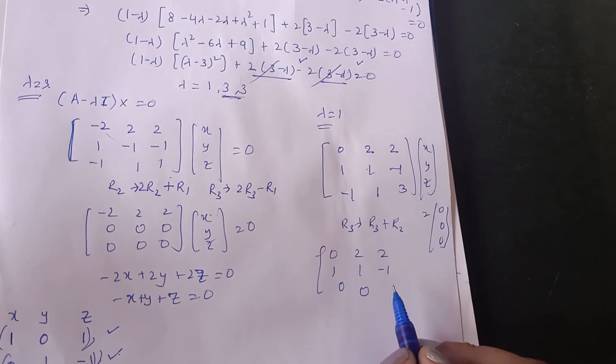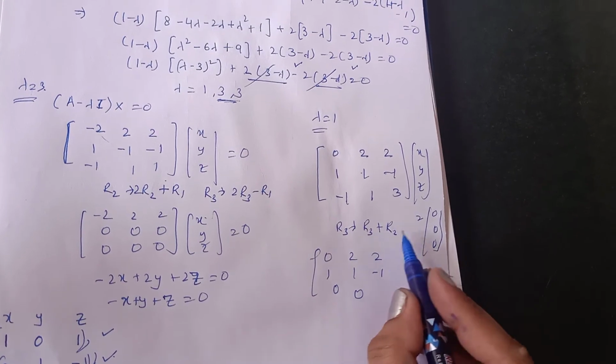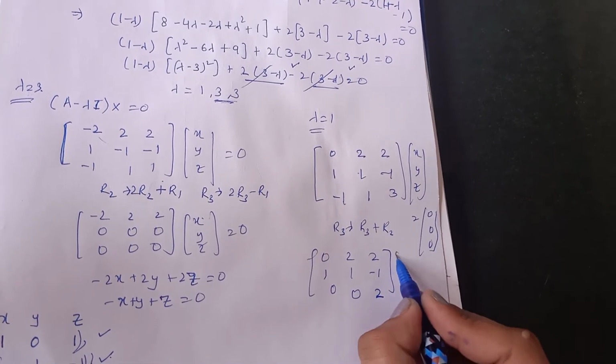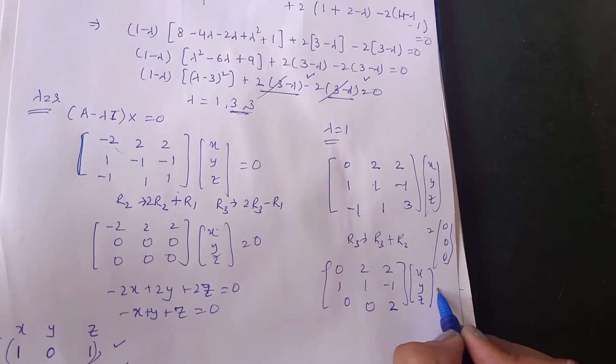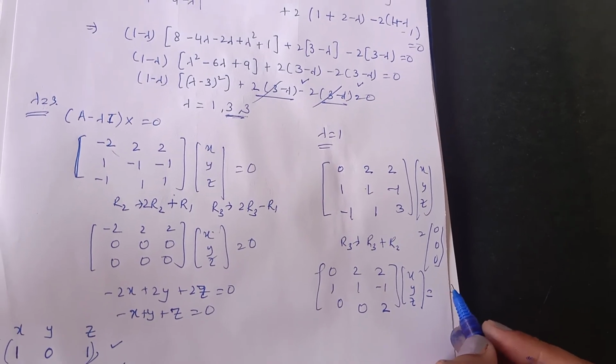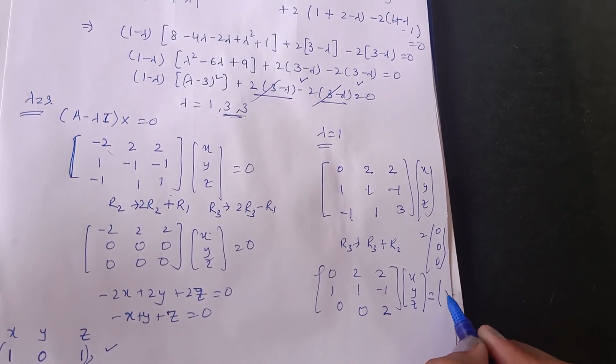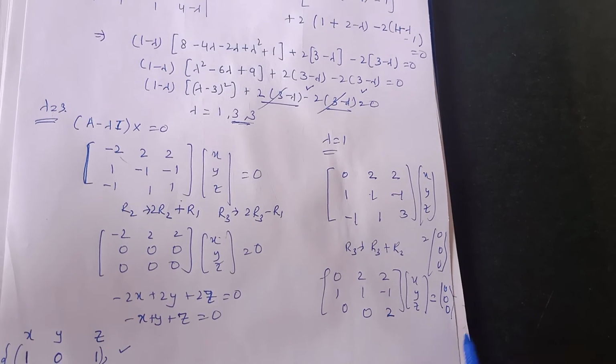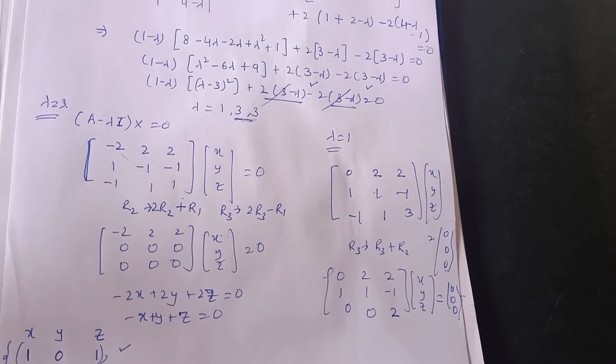So this is 0, 2, 2, 1, 1, minus 1, so 0, 1 minus 1, 0. So 3, we have added, so it will be 2. X, y, z is equal to 0, 0, 0. Alright, so sorry, we were just adding these two rows, so this 1 plus 1 won't be 0, it will be 2 here.